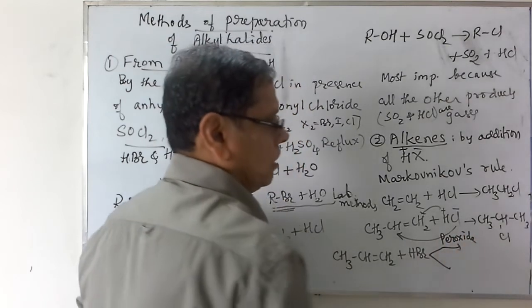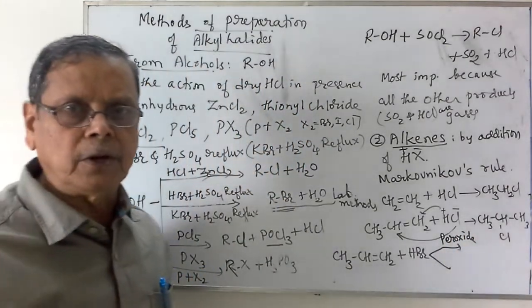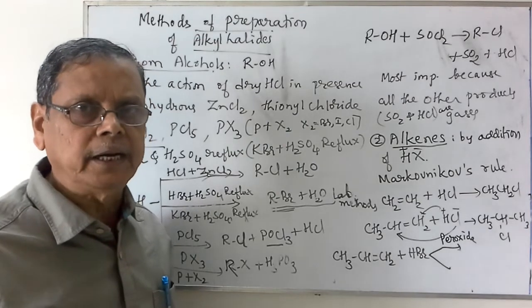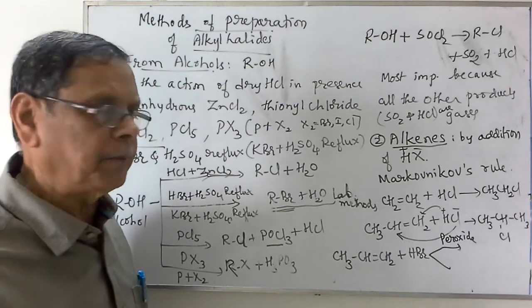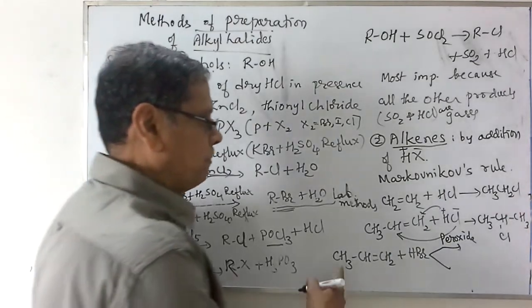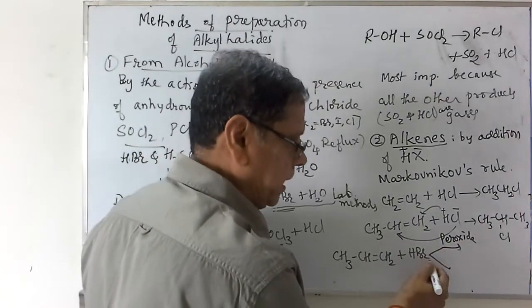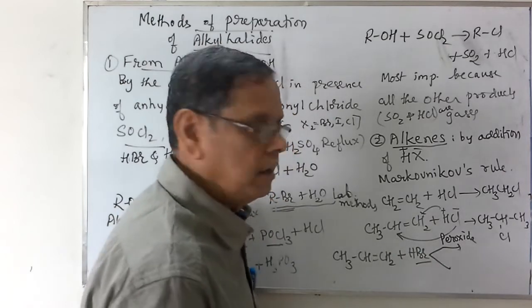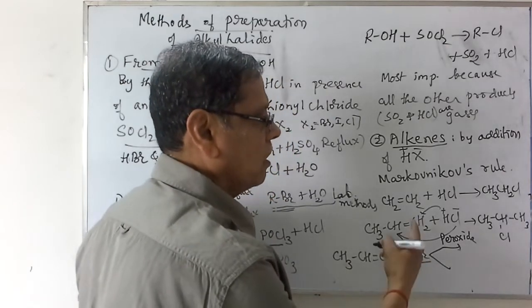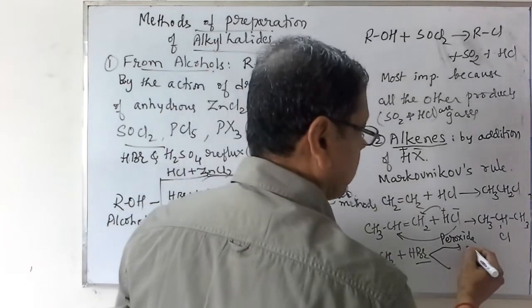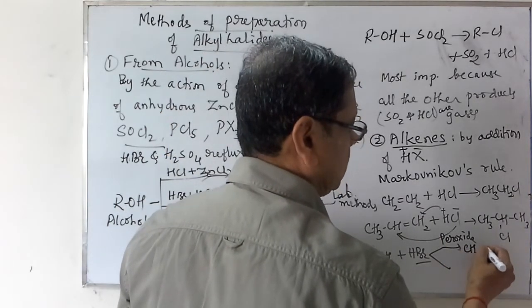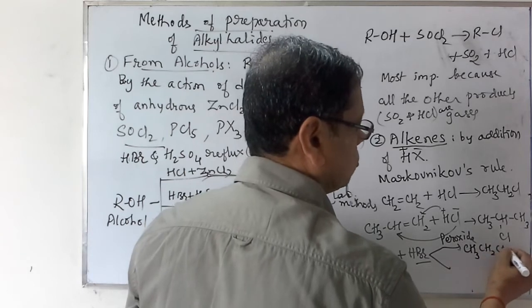Peroxide, for example, hydrogen peroxide, dibenzoyl peroxide, or diphenyl peroxide, etc. If the peroxide is used as a catalyst and the reagent is hydrogen bromide, addition takes place against Markovnikov's rule, anti-Markovnikov product. So the product obtained will be CH3, CH2, CH2Br.